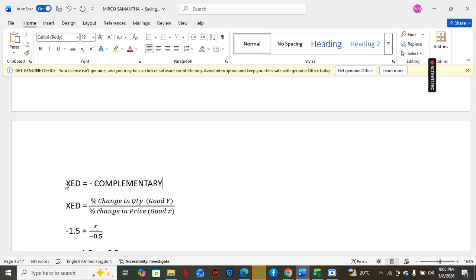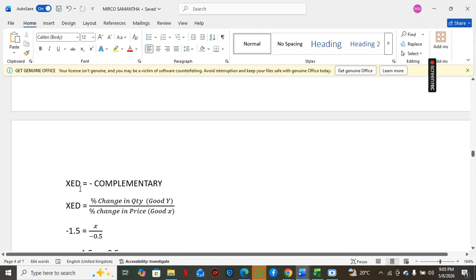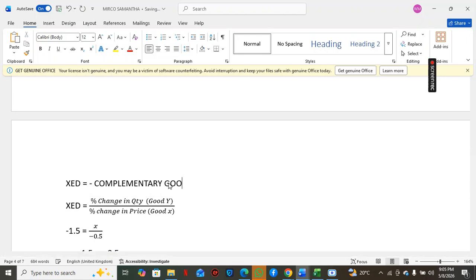Like in that example of bread and butter. If the price of bread goes up, you stop buying bread. It means if you're not buying bread, you're not going to buy butter. So the quantity demanded of butter is going to go down. So have you seen, they're moving in opposite directions. That's why we say negative is for complementary goods.